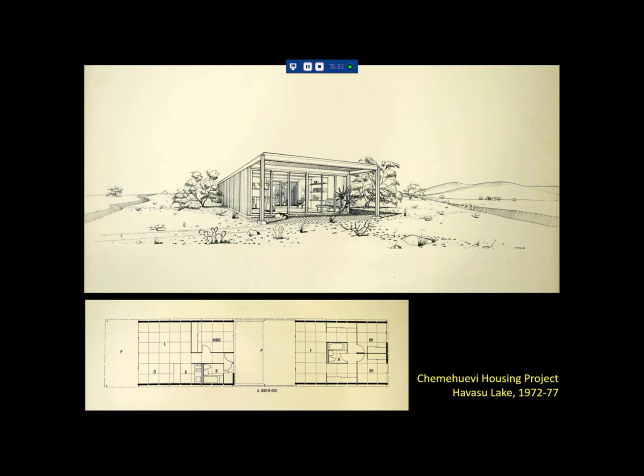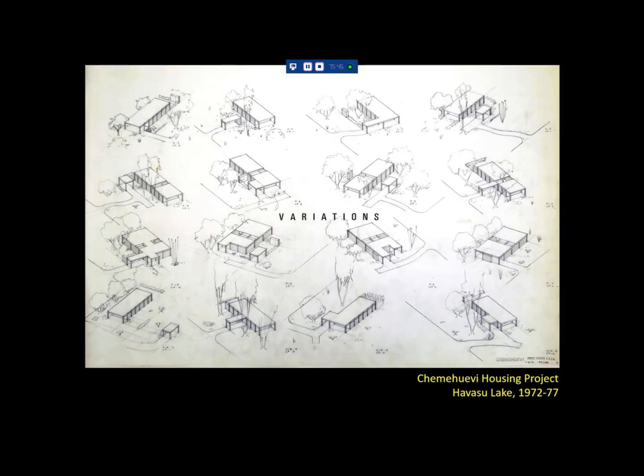And there's this wonderful drawing showing the variations. Here are 12 variations on the theme. Depending on the family requirements, you can get all these different configurations. This is production housing. This is housing as product, housing from the factory. But there were public buildings as well.